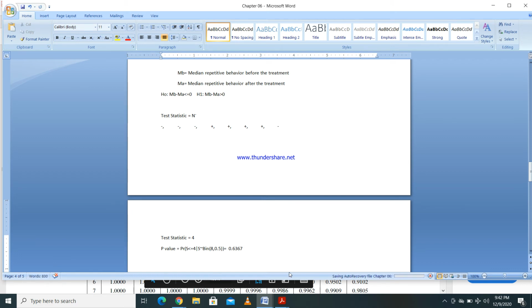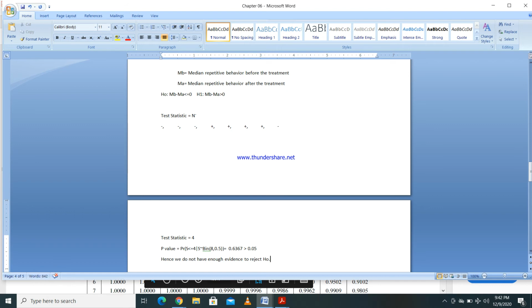We can see in this case our p-value is greater than 0.05. Hence we do not have enough evidence to reject H-naught.